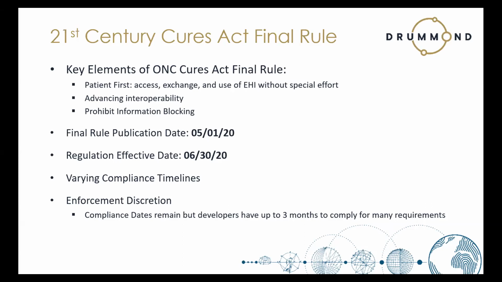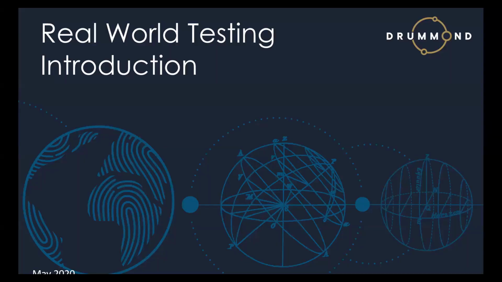And also a note here throughout this, the enforcement discretion, that the compliance dates remain as written in the final rule, but as health IT developers, you have some leeway due to COVID-19 to comply with some of these requirements. And we'll hit on those and how that applies to real-world testing in this presentation.